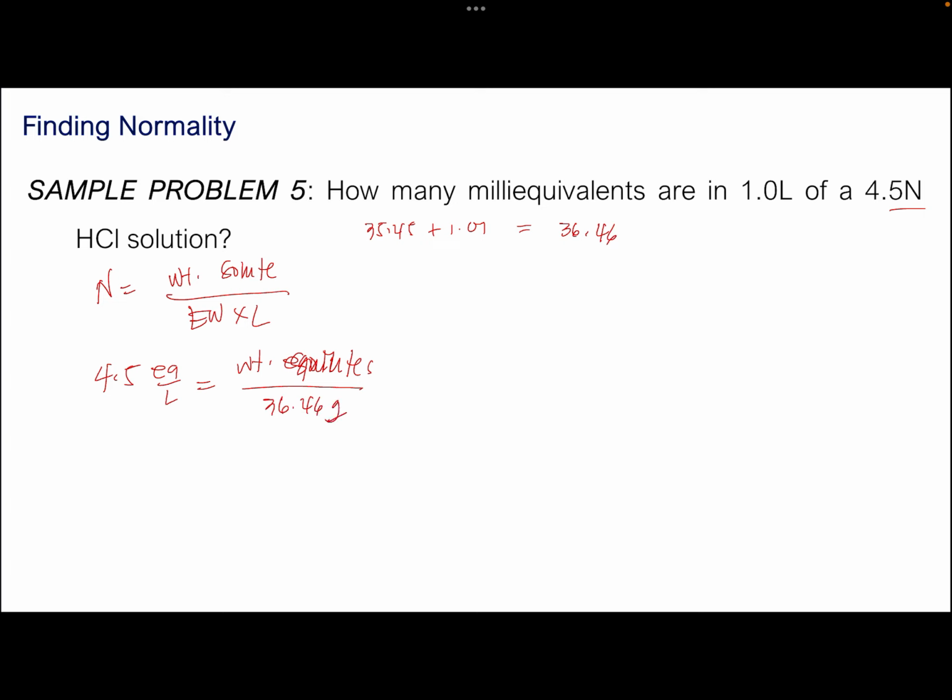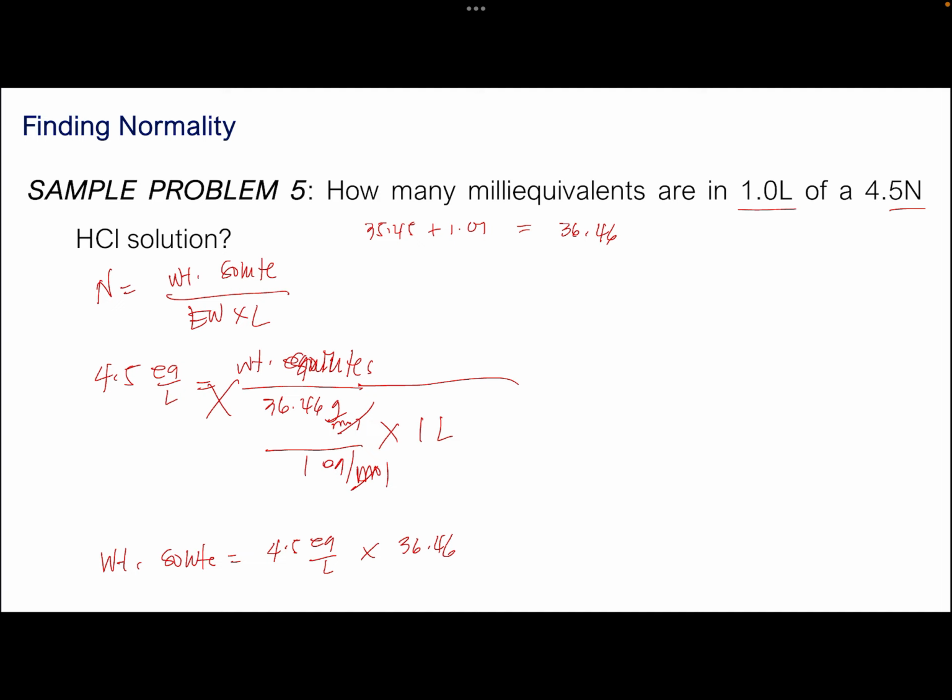So 36.46 gram per mole divide 1 equivalents per mole times the liter, which is 1 liter. So cross multiply, weight of solute is equals 4.5 equivalents per liter times 36.46, this is per mole. Let us simplify, cancel out the mole.